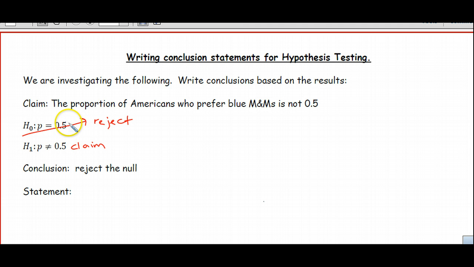So if I reject the null, I can support the claim. So I am saying that the proportion is not 0.5. Now we have to say it in certain ways. Let's go ahead and write a statement here.